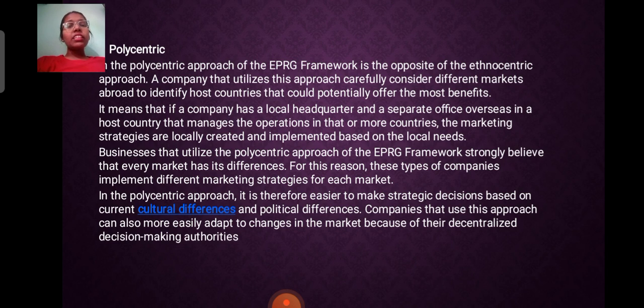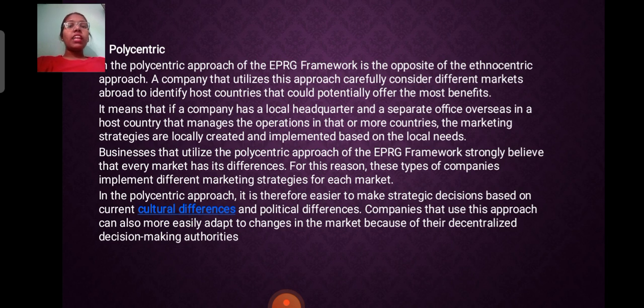It means that if a company has a local headquarters and a separate office overseas in a host country that manages the operations in that country, the marketing strategies are locally created and implemented based on local needs.